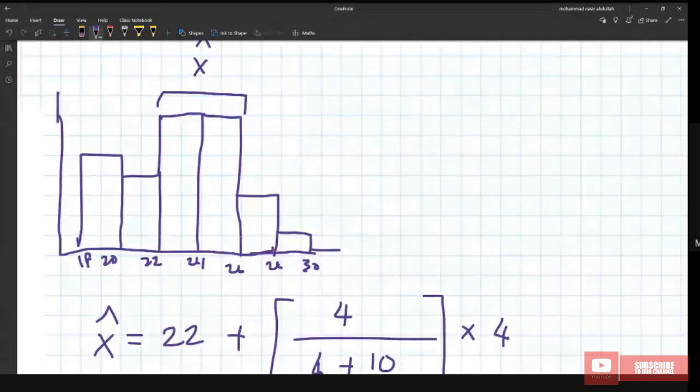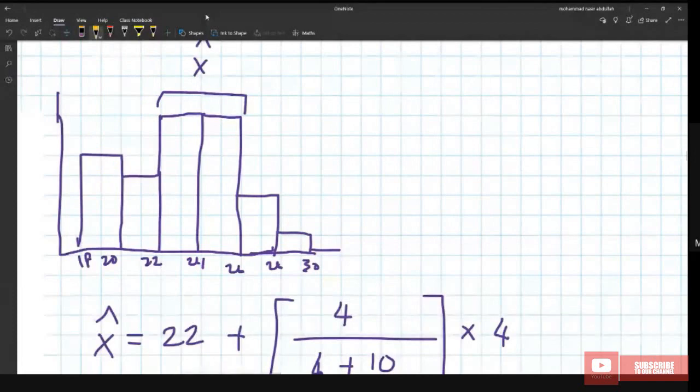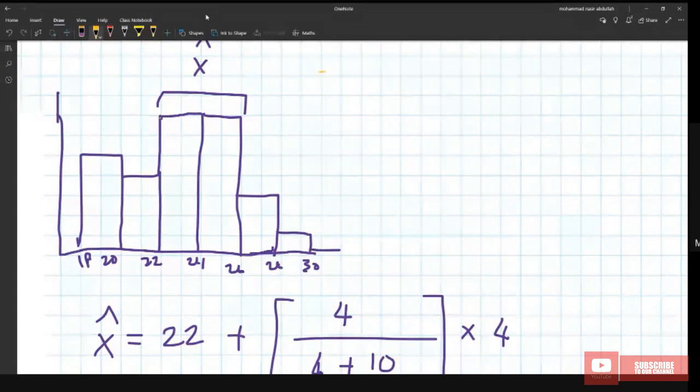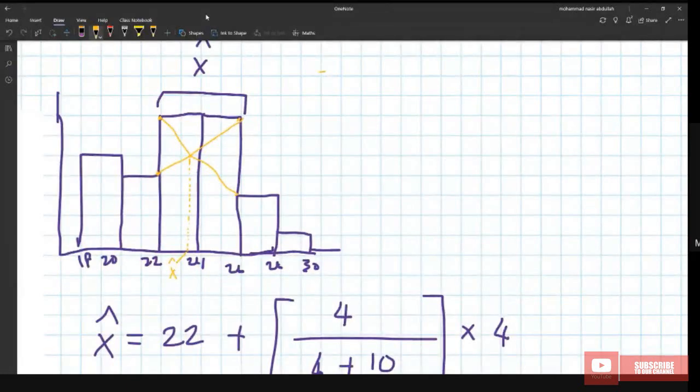Now, to estimate mode from the histogram, you take the corner here and the corner here, and draw a line. Right? You take the corner here and the corner here, and draw a line. So the intersection here is your mode. This is how you get mode from a histogram, right?